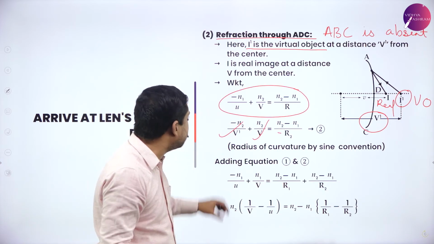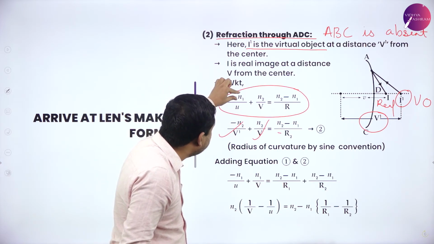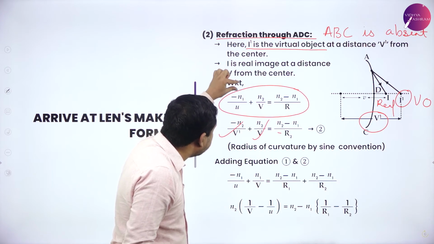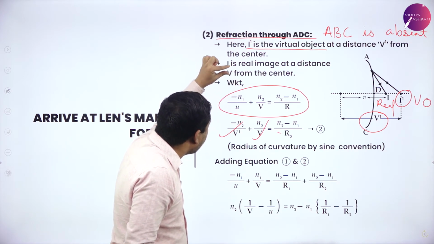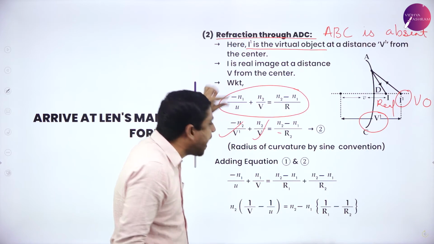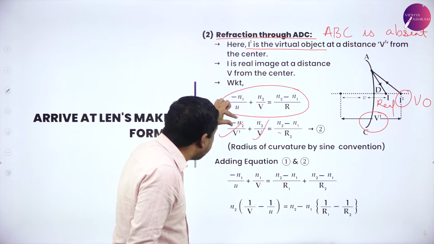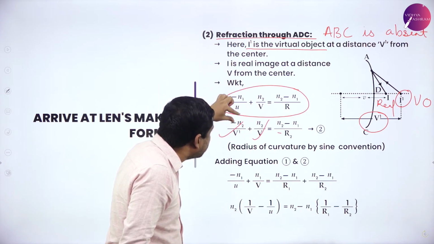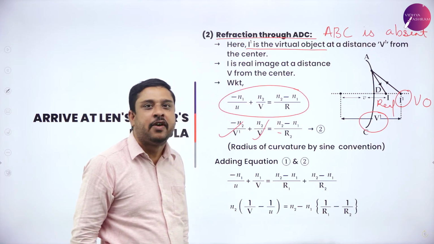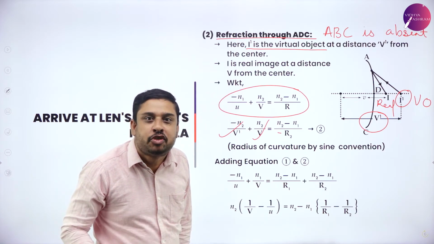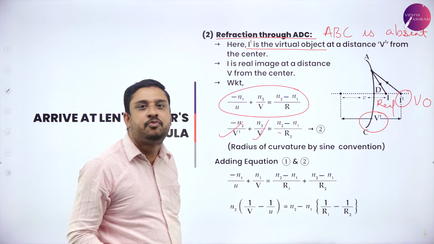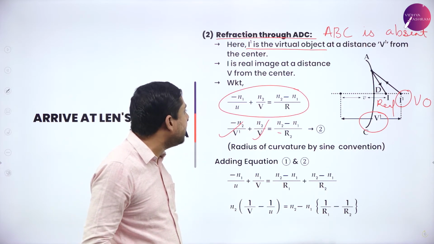So the only thing you understand, here N1, that is the refractive index of the object space, is taken to be that of the lens itself, because the object is a virtual object which is carried by the lens.